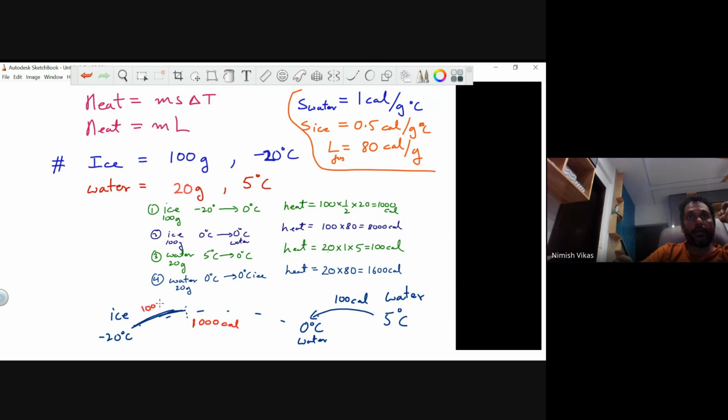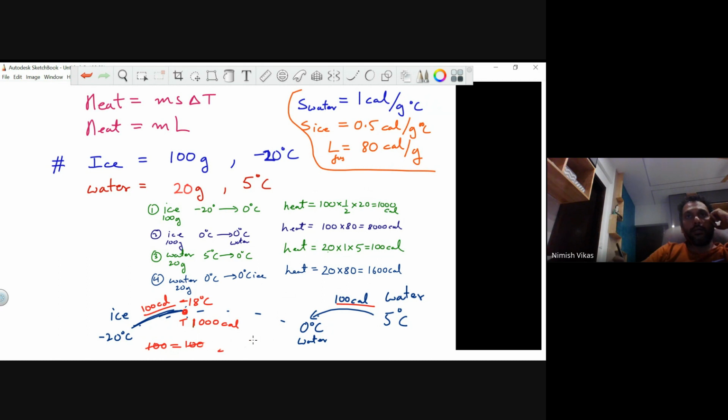It would have taken the same 100 calories that water is giving out, and would have reached some temperature T. In a quick calculation, 100 heat taken by ice is m s delta T, so ice was 100 grams into delta T. So what does delta T come to? Delta T is 2 degrees. That means it would have changed by 2 degrees Celsius. That means it would have reached minus 18 degrees Celsius only.